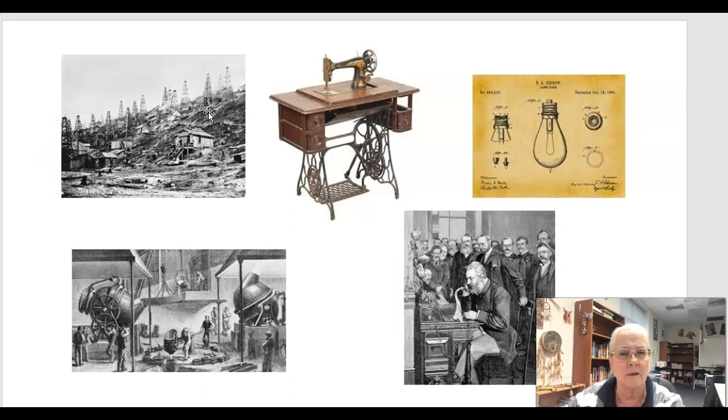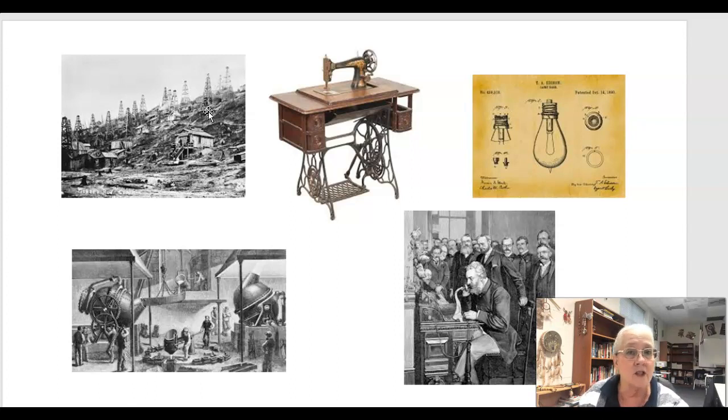It's going to be just a little bit before they strike oil in Texas with Spindletop, but that is on the horizon as well. Oil is going to change a lot of things. It's going to go from gas lighting or from candle lighting to kerosene lighting and gas lighting. And so more and more people are going to be able to have lighting for longer periods of time.